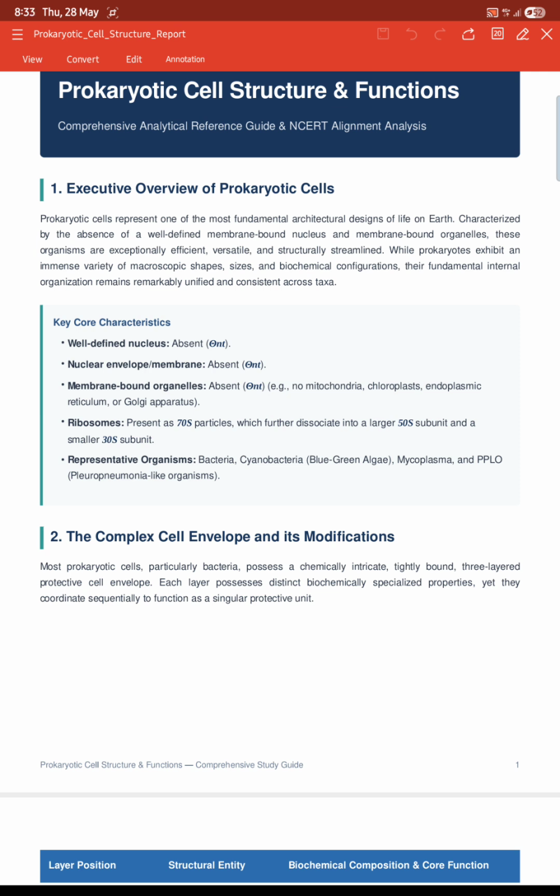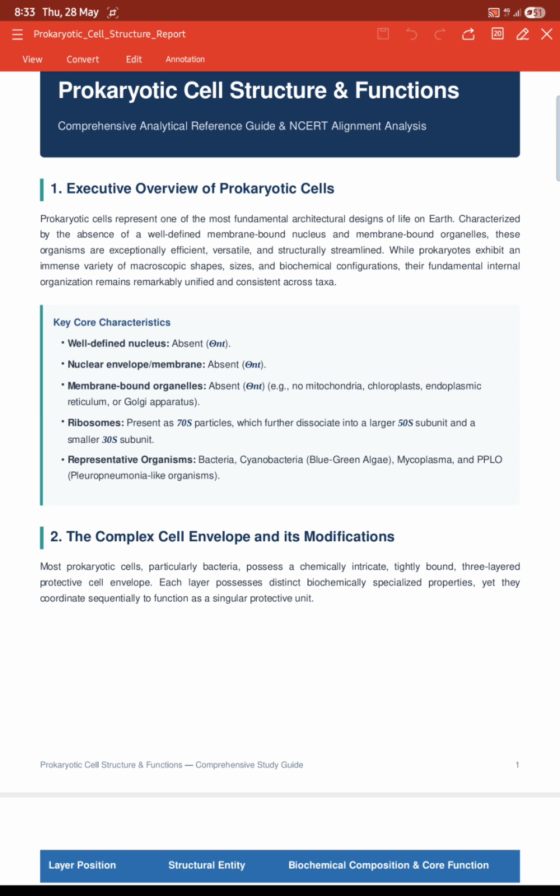Here, prokaryotic cells represent the most fundamental architectural design of life on the earth. This means that prokaryotic cells are simple as compared to eukaryotic cells. They have an absence of a well-defined membrane-bound nucleus and membrane-bound organelles.